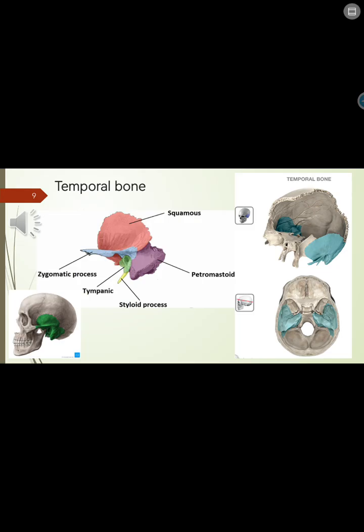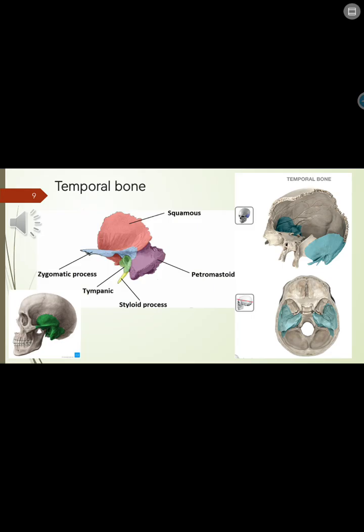Temporal bone is an important bone in the skull, has different parts and participates in different regions of the skull. In two right pictures, we can see different views of this bone. The temporal bone is in blue and participates in the middle cranial fossa and posterior cranial fossa, and in the upper picture we can see the external surface of the temporal bone, and in the left picture we can see different parts of this bone.